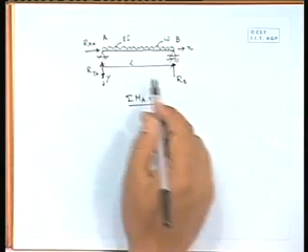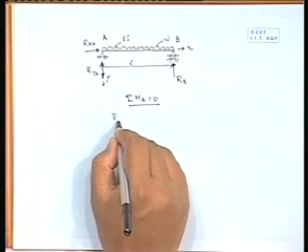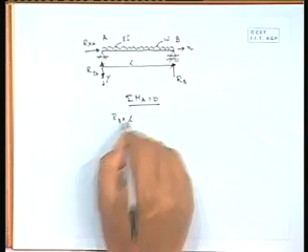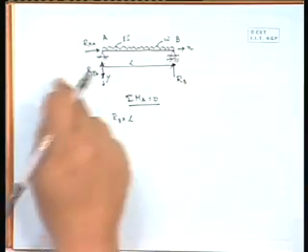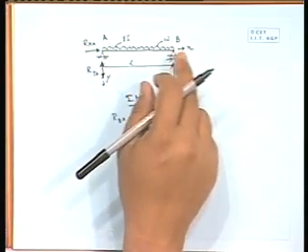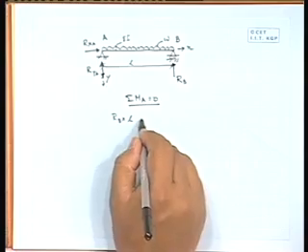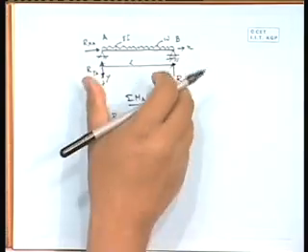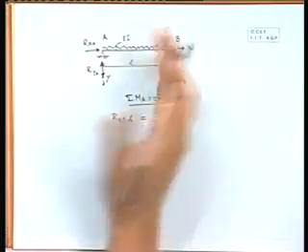Now, the reaction R b into L, so that is one force into the length, and that will be balanced by the moment generated by the externally applied load omega. Because this moment and the load act in different ways, we can put a minus, equal to 0, or we can directly put it on the other side.